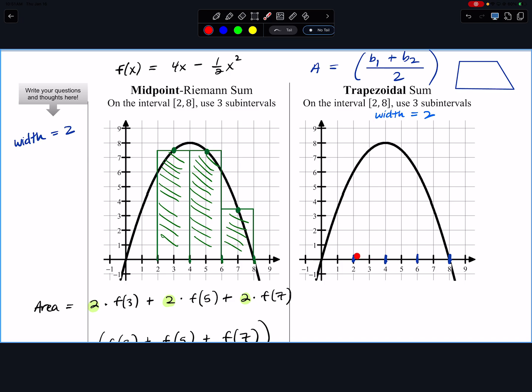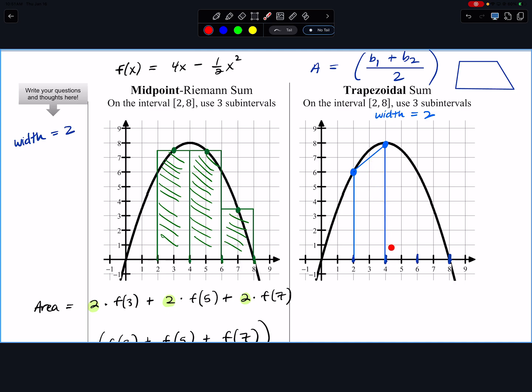So we're going to draw a point at 2, and a point at 4 on the curve, like this. We're going to connect the dots, and then draw sides straight down to the x-axis. Okay, so this is one trapezoid.